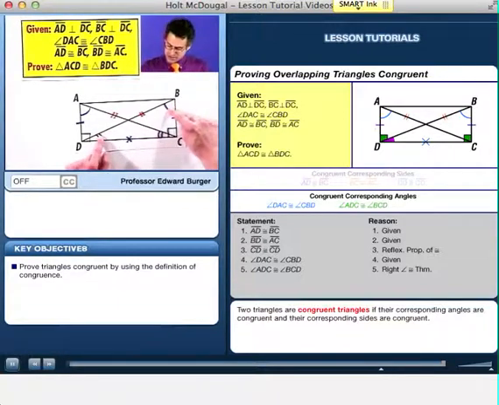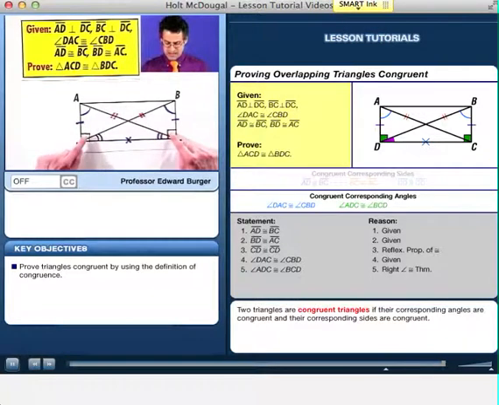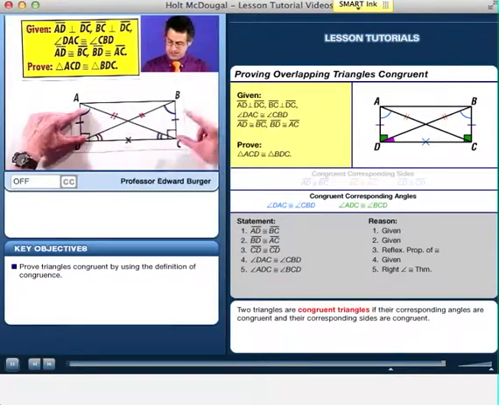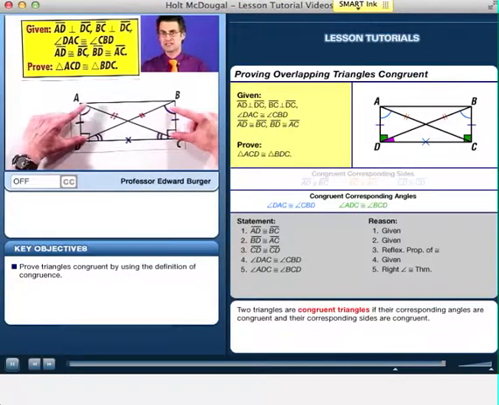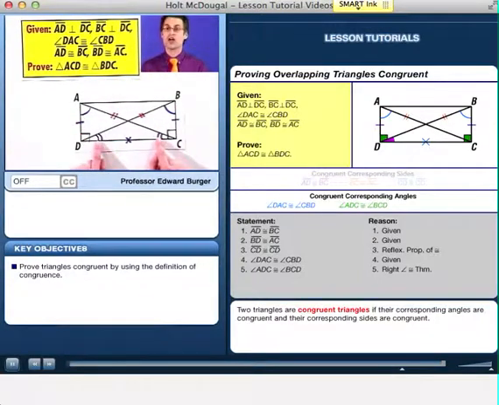But since the measure of this angle equals the measure of that angle, and the measure of the green 90 equals the measure of this green 90, I know the sum of these angles equals the sum of these angles, which means 180 degrees minus this sum is equal to 180 degrees minus this sum. Namely, the measures of these two angles are, in fact, equal. And therefore, these two angles are congruent.